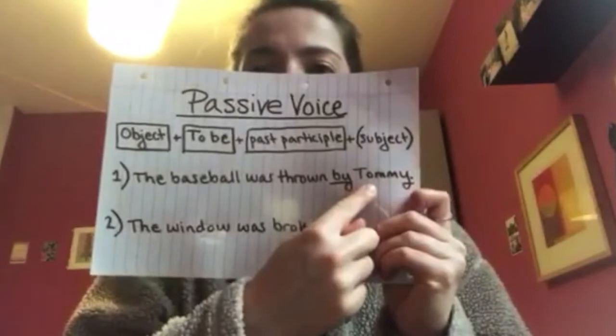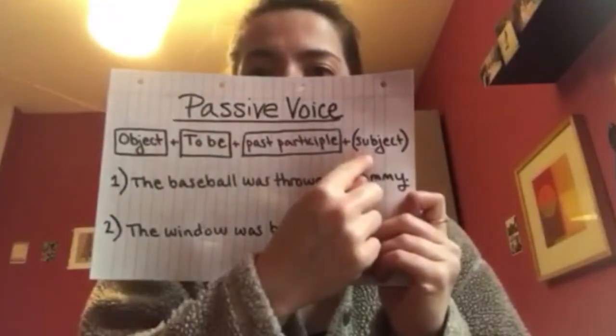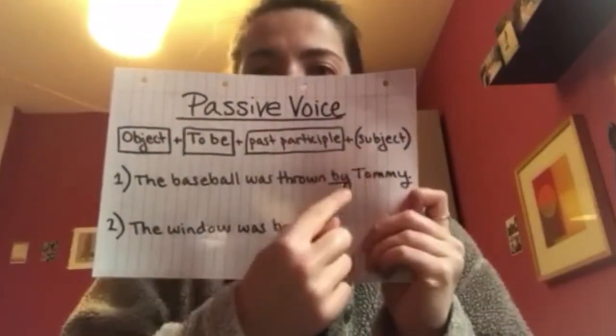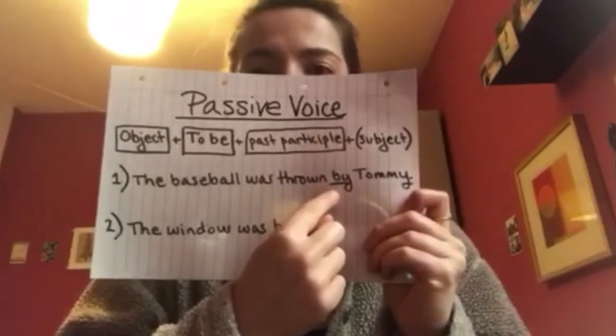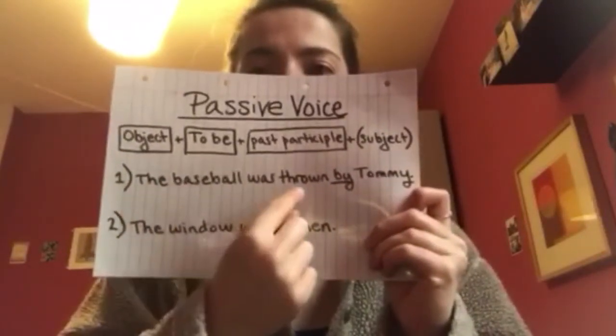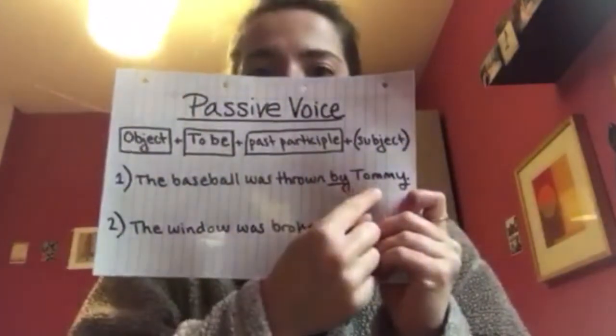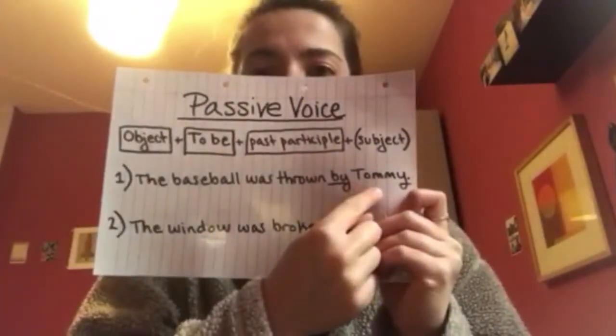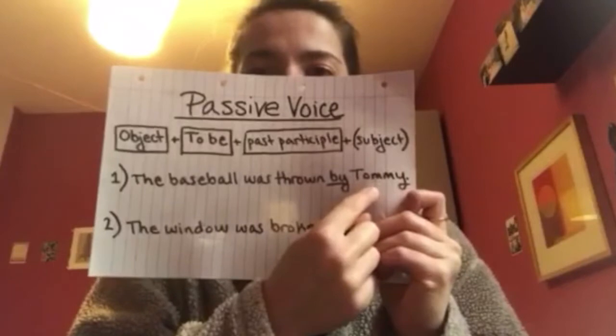Usually, if you have a subject at the end of the sentence, you'll say by. The baseball was thrown by Tommy, because you want to know who was doing the action.